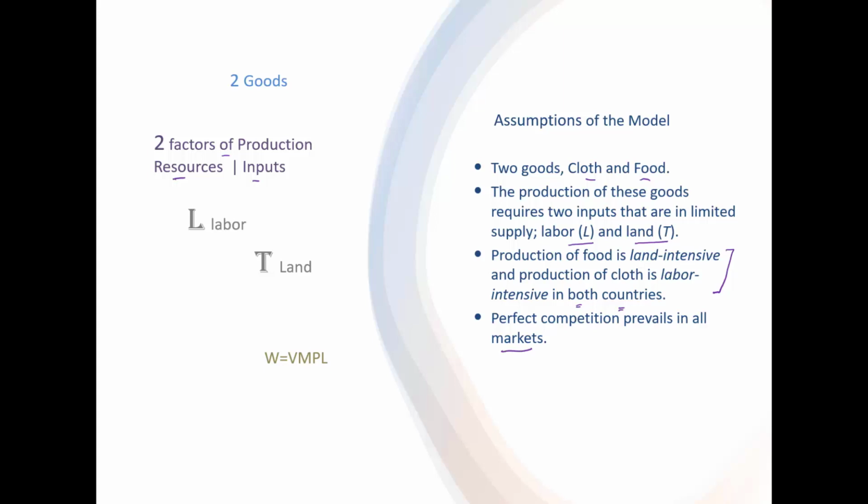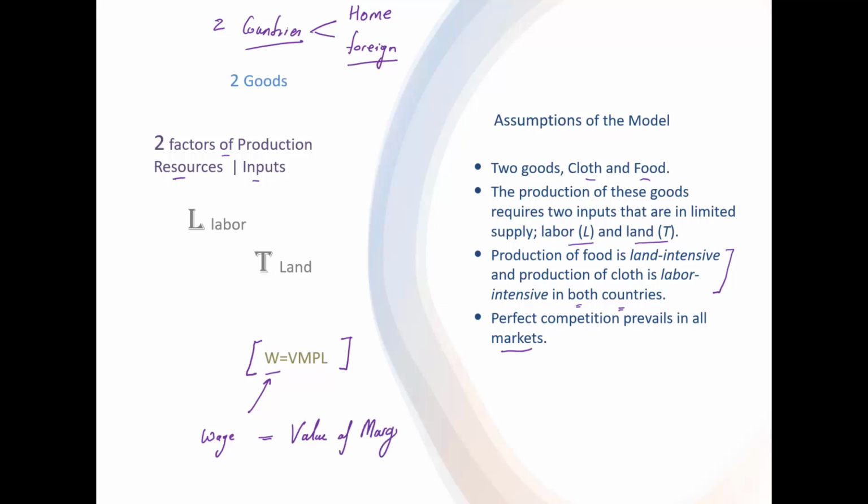Okay. So we have two countries, the home country and the foreign country. Since there is perfect competition in all the markets, this condition would have to be satisfied: the price that you pay a factor of production or input, in this case we are looking at labor, so the wage that you pay labor should be equal to the value of marginal productivity of labor.